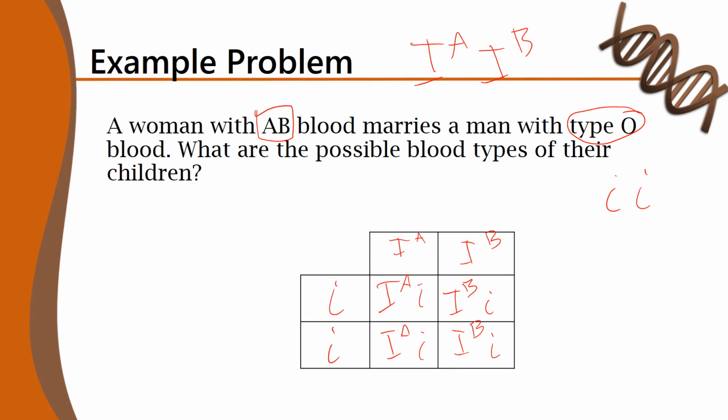This one would be type A. This one would be type B. Here we have A again, and here we have B again. So in this situation, we would have the possibility of having type A or type B, and it would be 50% and 50%.